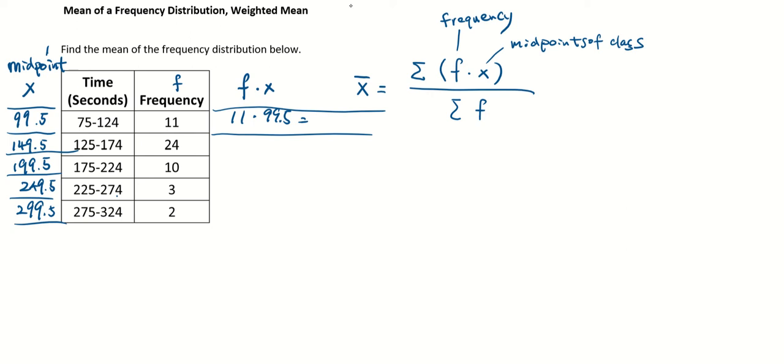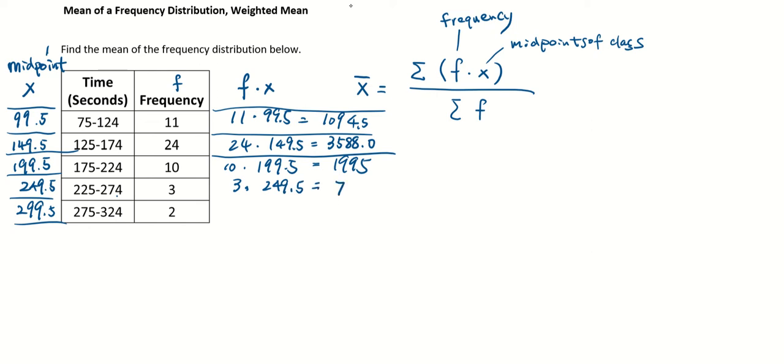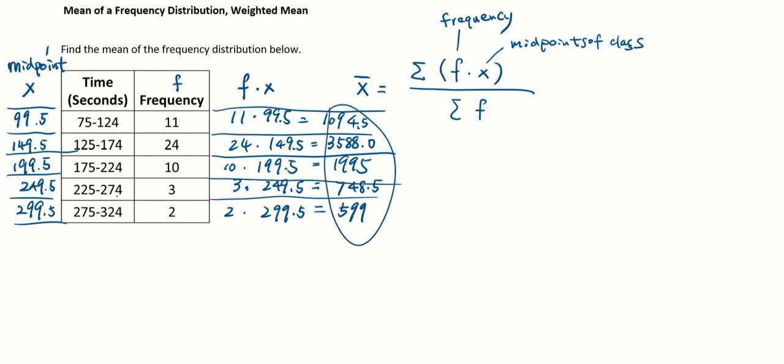This is actually 1094.5, and then here is 24 times 149.5, which is 3588.0, and next is 10 times 199.5, so that's 1995, and 3 times 249.5, that is 748.5, and the last one is 2 times 299.5, that will give you 599. Okay, so these values are f times x.